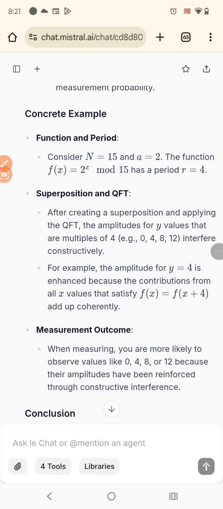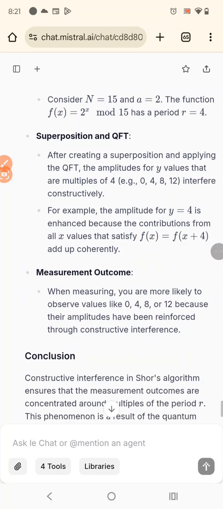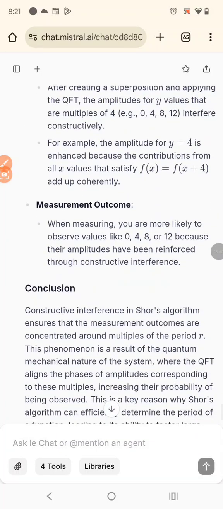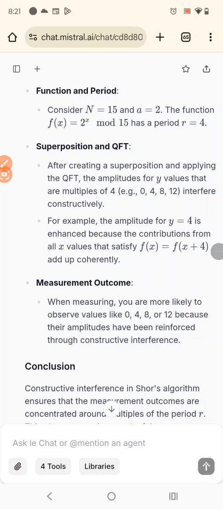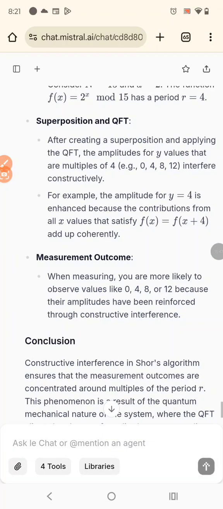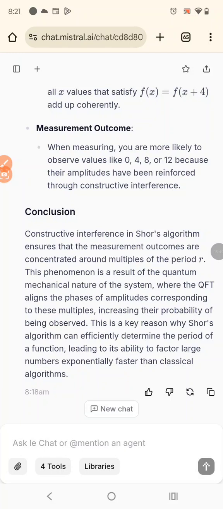So amplitude of y, f(x) equals f(x plus 4) and so on. So we are more likely to observe values like 0, 4, 8 or 12 because the amplitudes have been reinforced through constructive interference. So this will reveal the period, and eventually you will find out that r equals 4.